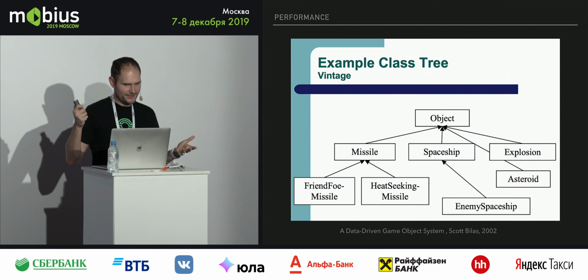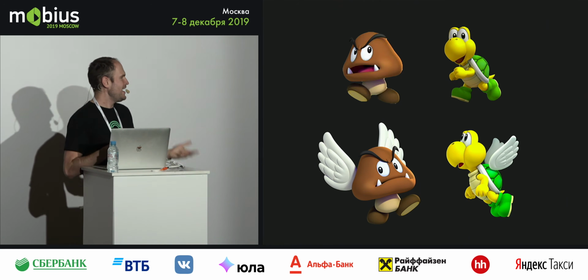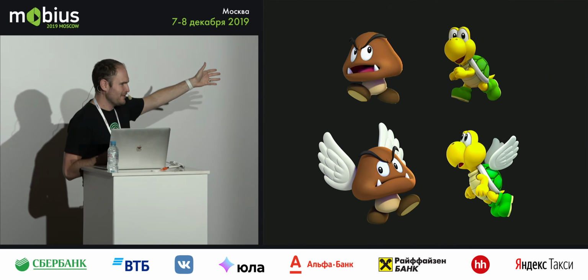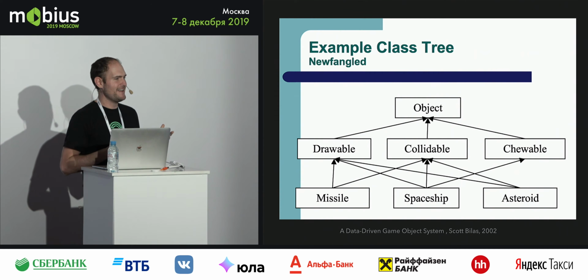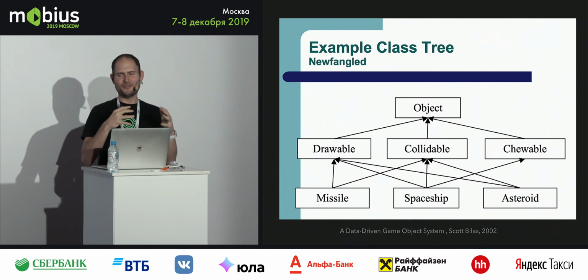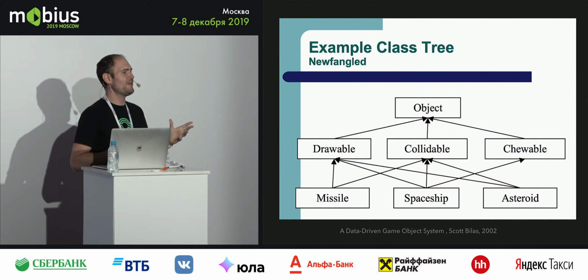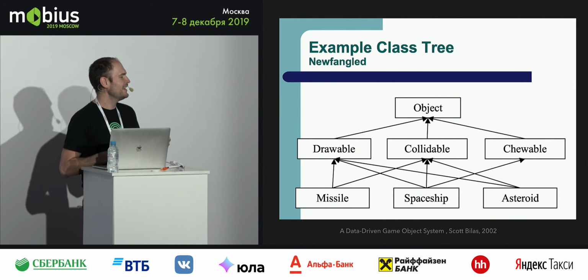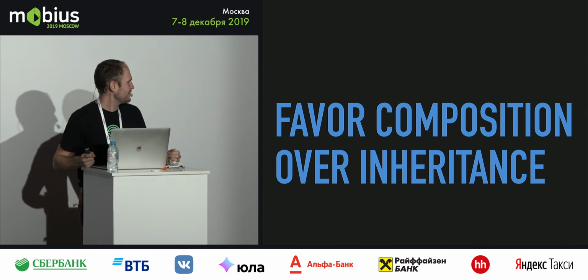But then what happens when you have several cross-cutting behaviors, where you have the Goomba, who now they want to have bouncing around? Ugh. Okay, well, then your class hierarchy starts looking like the attributes, and it becomes like this horrible multiple inheritance, or the diamond pyramid of doom they call in OO. Which is why, if you've been around the block, you might have heard: favor composition over inheritance.